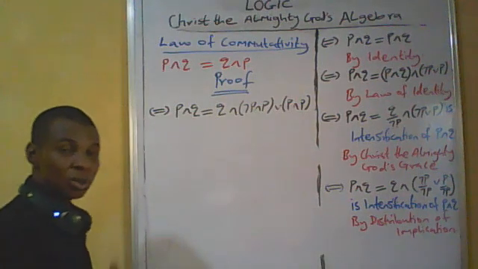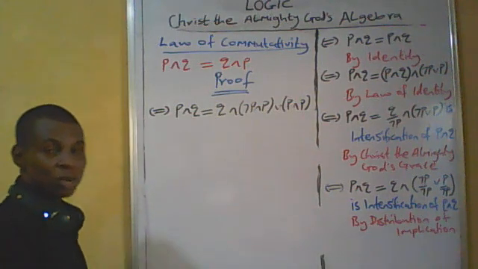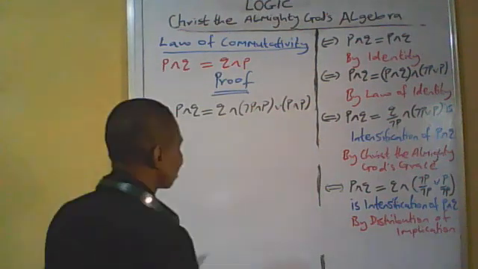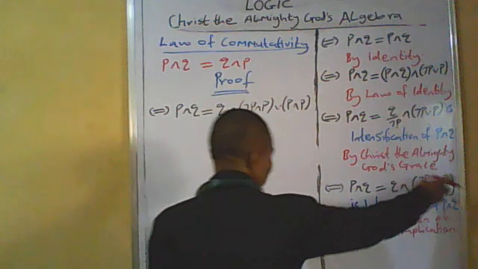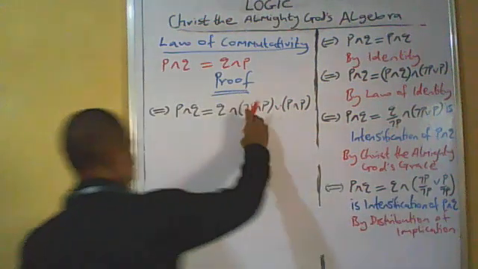It's now equivalent to the left side of the equation. So being justified is through Christ Almighty God's grace that we transform this conjunctive statement to conditional statements.